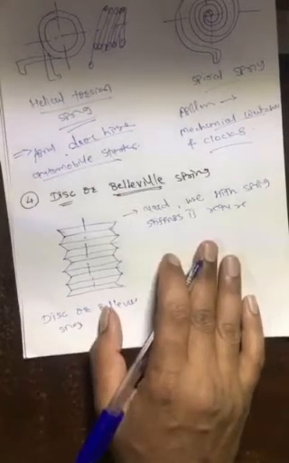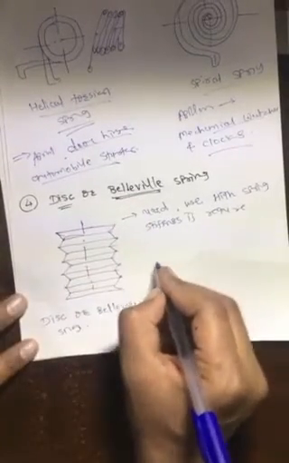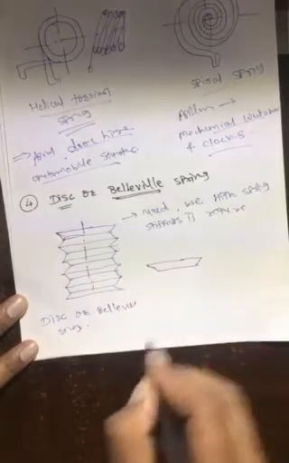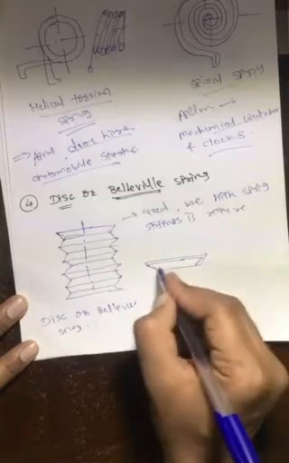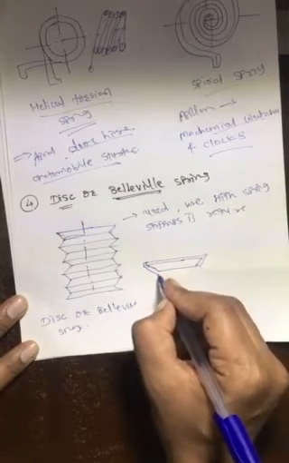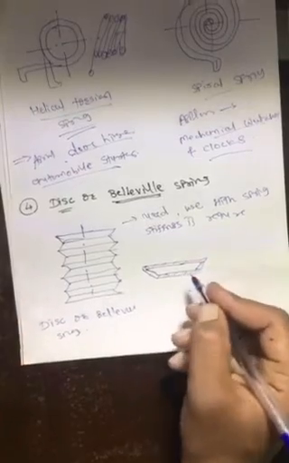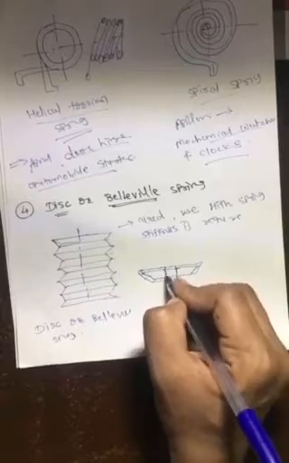Its construction: it is made of a number of conical discs, right? We can draw a single disc, a single conical disc with a hole in it.